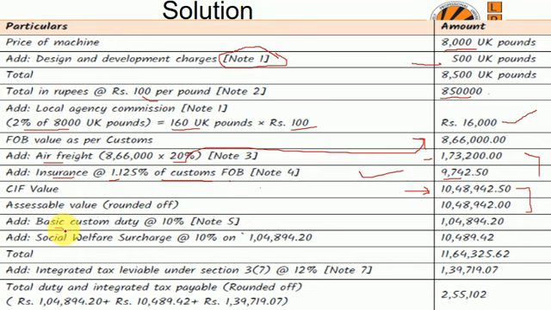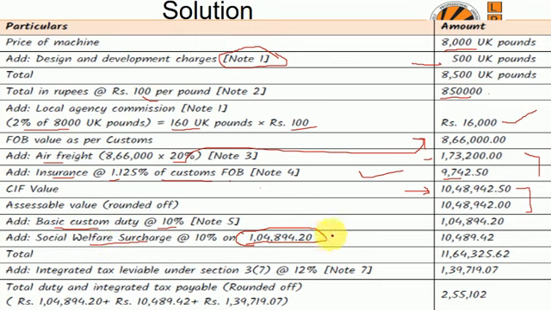Then basic custom duty is calculated on assessable value. We have done our calculation in note 5: 10% of 10,48,942, which comes to 1,04,894 and 20 paisa. Then social welfare surcharge: even if it is not given, by default I have to calculate it, always on the value of BCD.